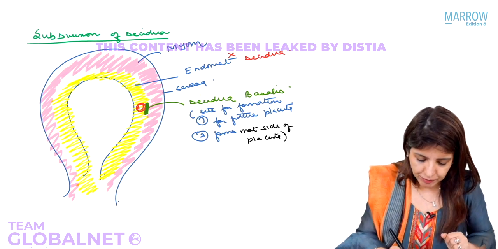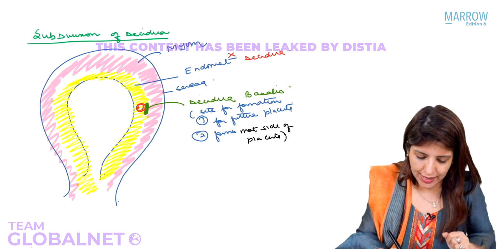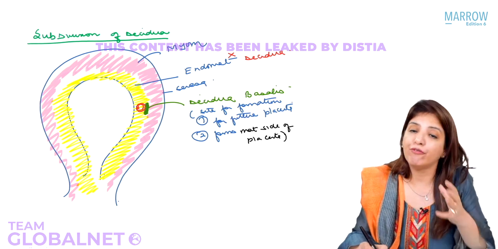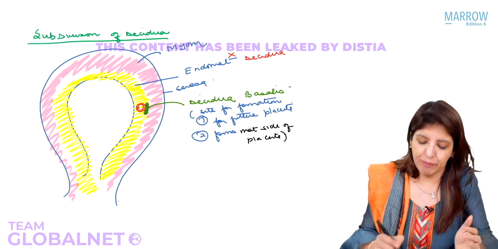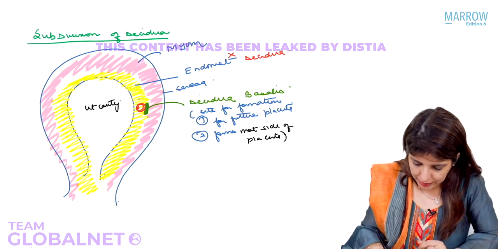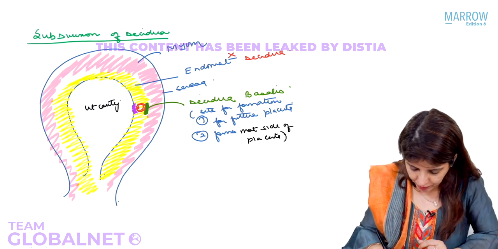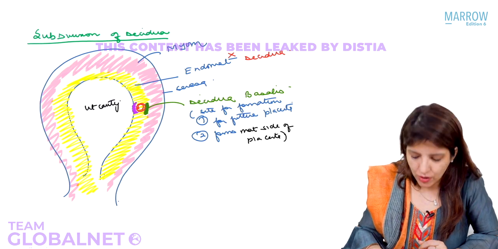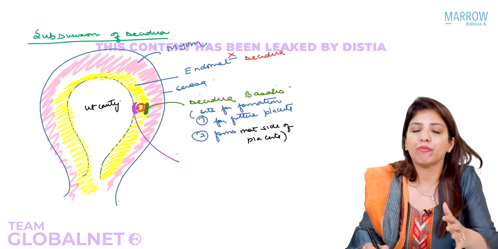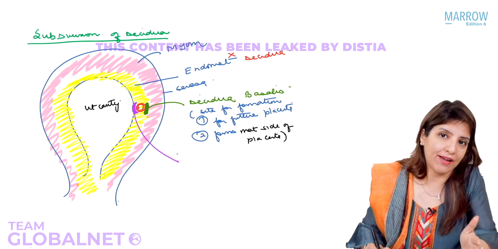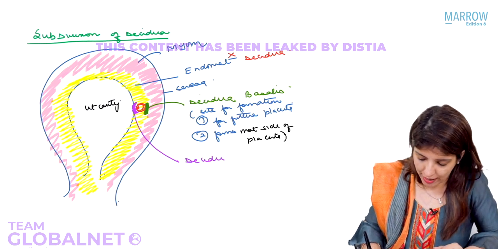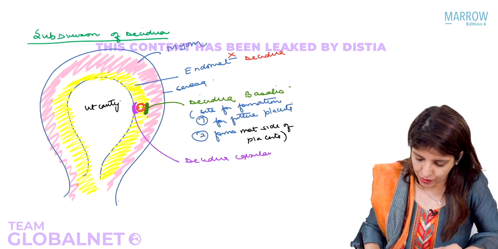Then you have number 2 decidua, which is lying above the blastocyst and separating it from the uterine cavity. So this purple color over here, this decidua, which is like a cap over the blastocyst and separates the blastocyst from the uterine cavity, is the decidua capsularis, right?